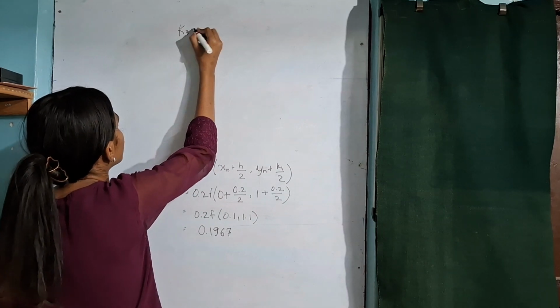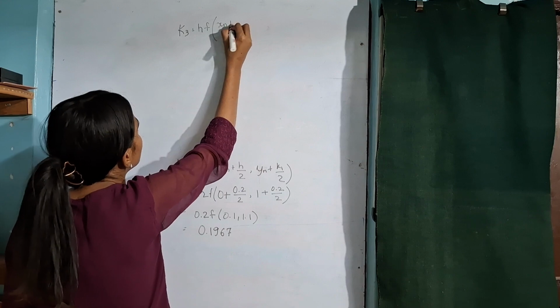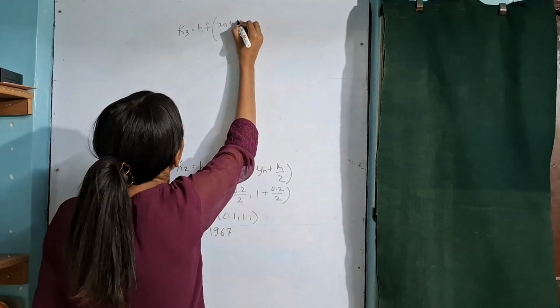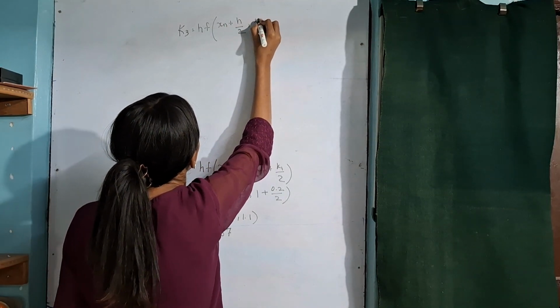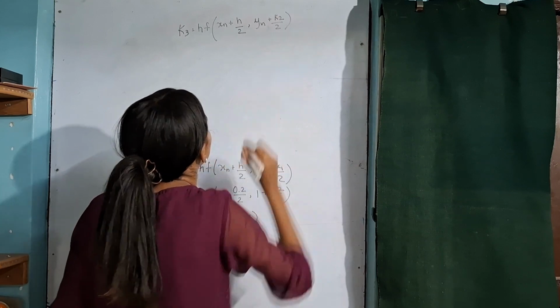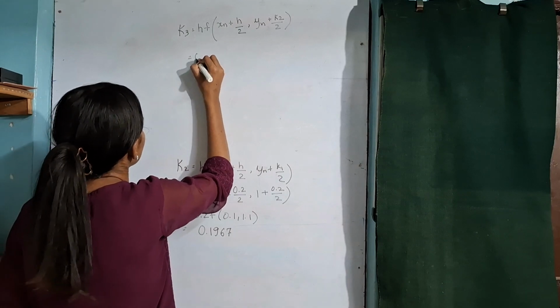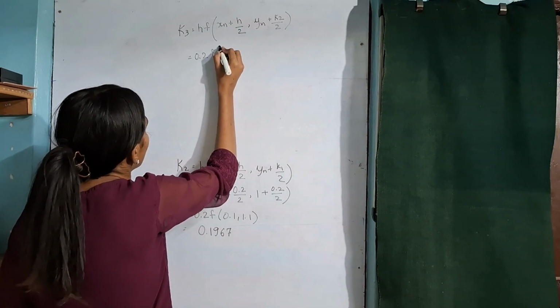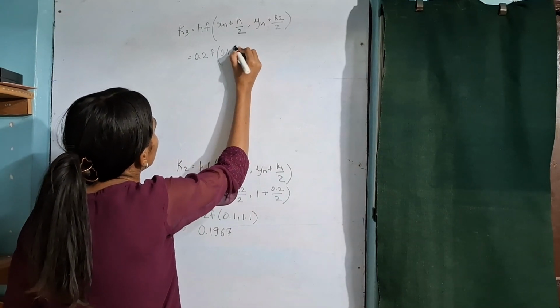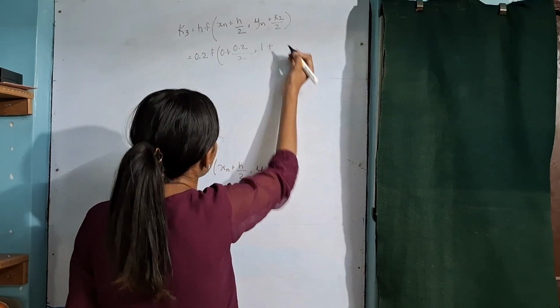So the formula for K3 is h of f of xn plus h by 2 comma yn plus K2 by 2. We know all the values. We have h as 0.2, xn is 0, h is again 0.2 by 2, yn is 1 plus K2.